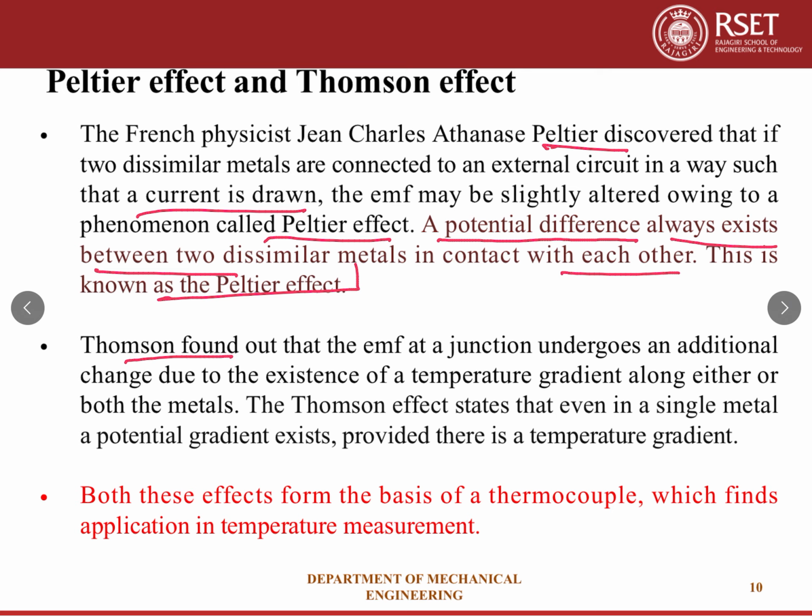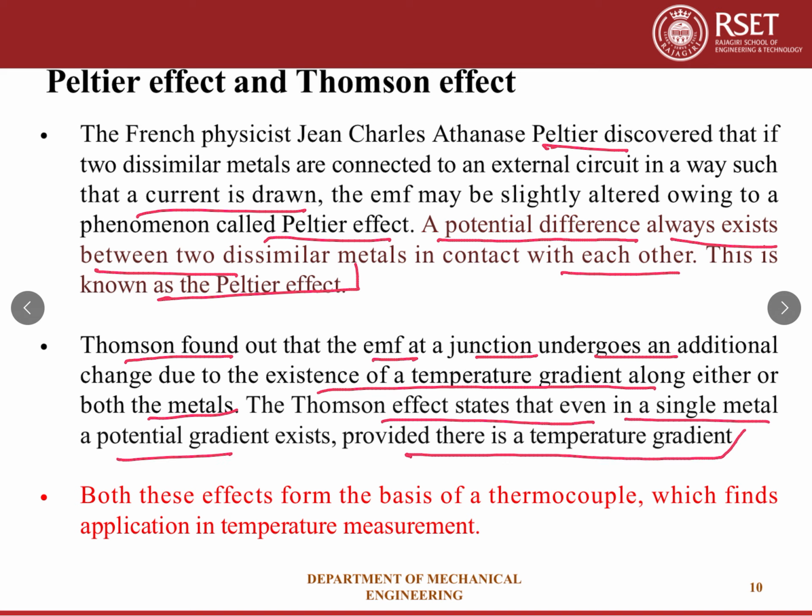Thomson found out that the EMF at a junction undergoes an additional change. At these two dissimilar material junctions, there is an additional change due to the existence of a temperature gradient along either or both of the metals. When there is a temperature gradient, the potential difference has an additional effect. That is the Thomson effect. The Thomson effect states that even in a single metal, a potential gradient exists provided there is a temperature gradient.